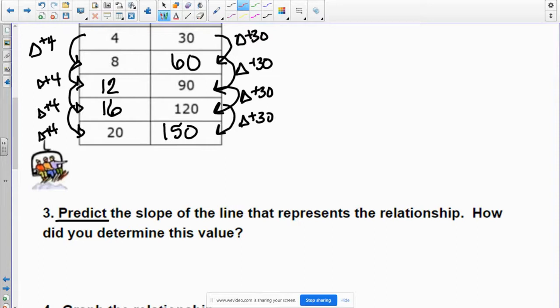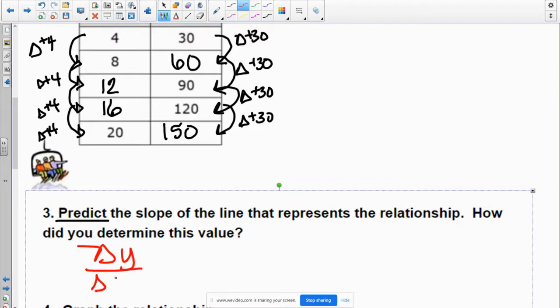How did you determine this value? Well, since I know enough about slope, it's the change of the y over the change of the x, and I just got done doing that in my table. Every time my y changed on this side, it went up by 30, so I know my change is 30, and my x's were increasing by 4 each time, so I know my change down here is 4.